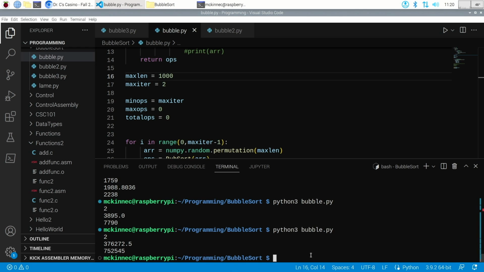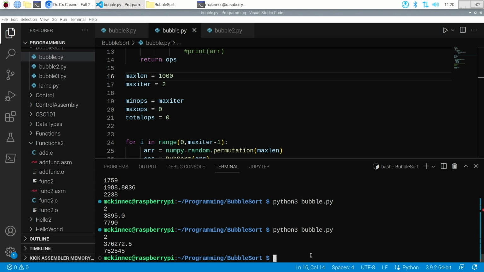Now, is this perfect? No, because they're still subject to the randomness, right? Maybe I just get really, really lucky on one sorting and really unlucky on the other one. But look at the average number of operations here. Now granted, this is just an average, and I only did this over two trials so that it wouldn't take forever.